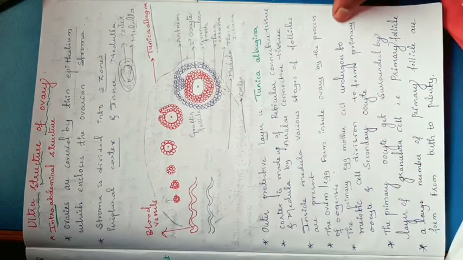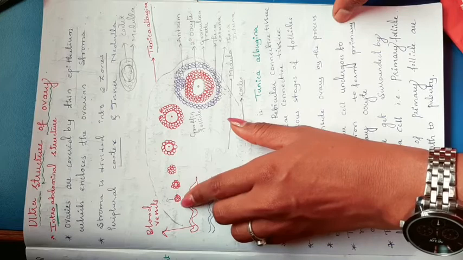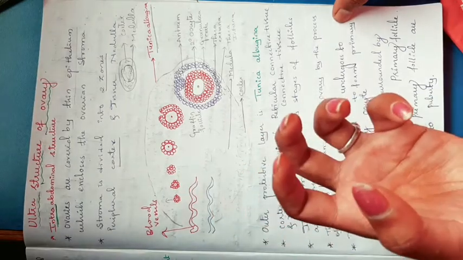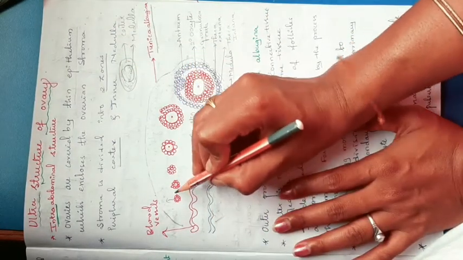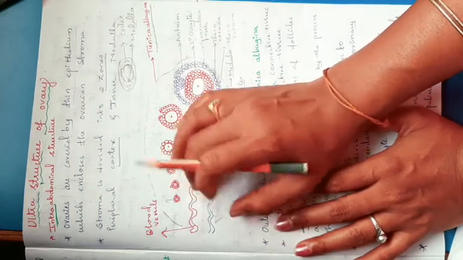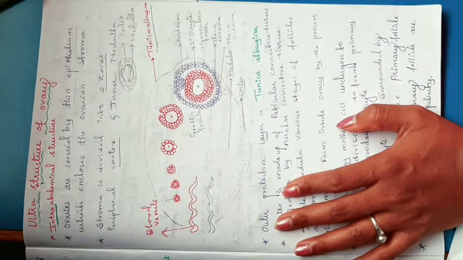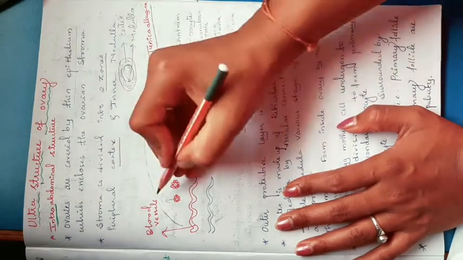These are small parenchymatous cells which protect the gamete mother cell. A gamete mother cell is surrounded by a thin layer of granulosa cells.